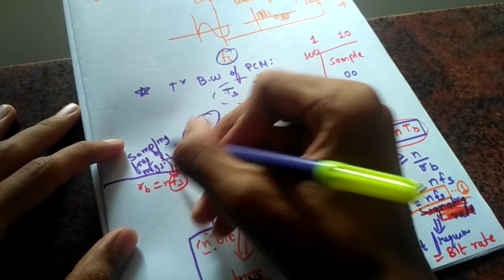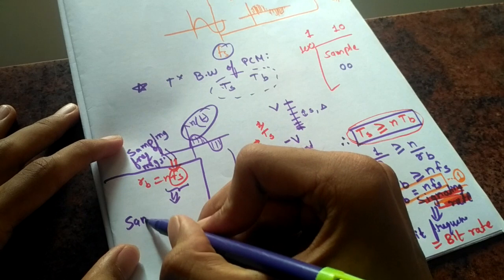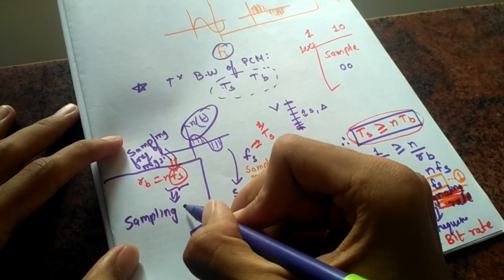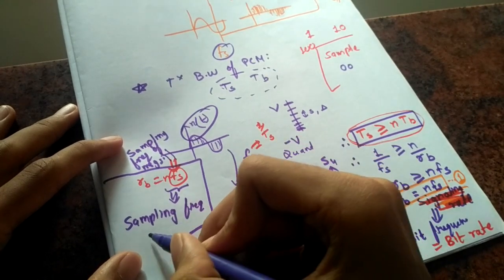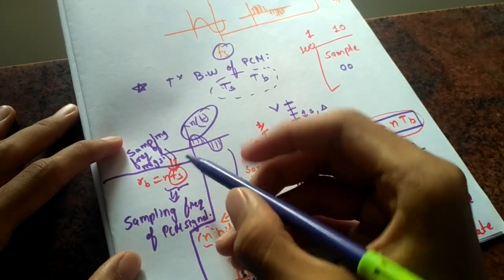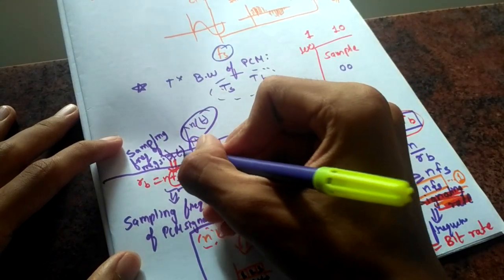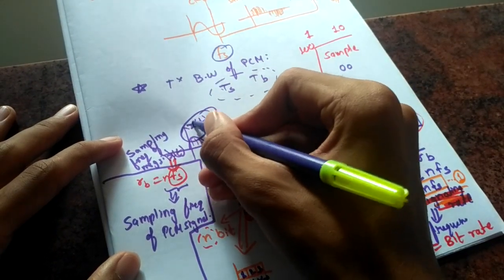And what is nFs? nFs is nothing but the sampling frequency of the PCM signal. Mind the difference. Fs is just the sampling frequency of the message signal x of t, this one.